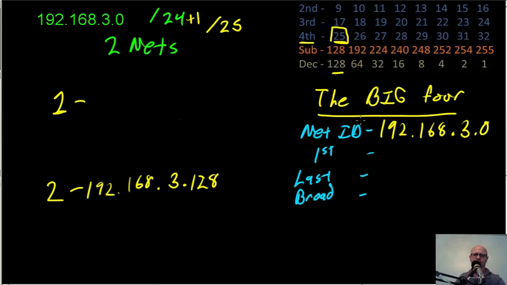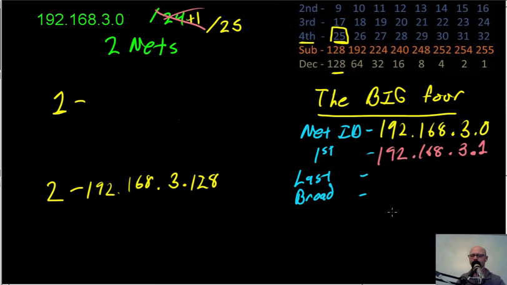That would look something like this: 192.168.3, because we're working in the 4th octet, since the /25 tells us the 4th octet. If we were doing a /29 or /19, we'd be working in the 3rd octet, but we're not. We're working in the 4th because we have a /25. That's our new subnet mask. So plus 1, I'm just going to put a 1 there.